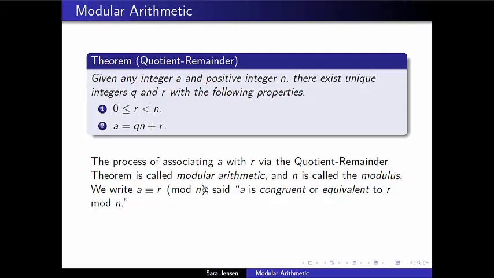So finally, just returning to those examples that we started out the video with, we would write things like 49 is equivalent to 1 modulo n, and we would write 24 is congruent to 3 mod 7. That's the process of modular arithmetic. It's derived from the Quotient-Remainder Theorem, and it really is a natural thing that we use all the time in everyday life.